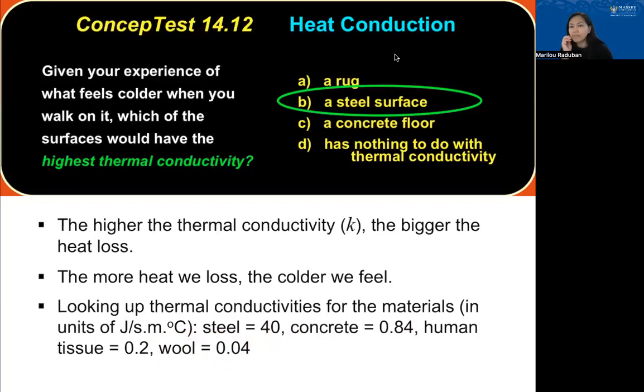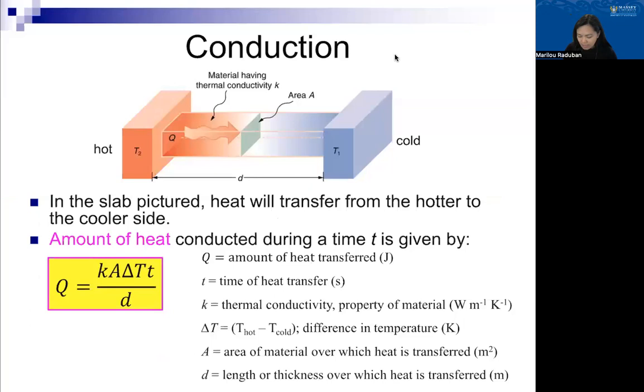All right, good. Now let's quantify the amount of heat that's transferred via conduction. So consider these two objects, a hot object and a cold object.